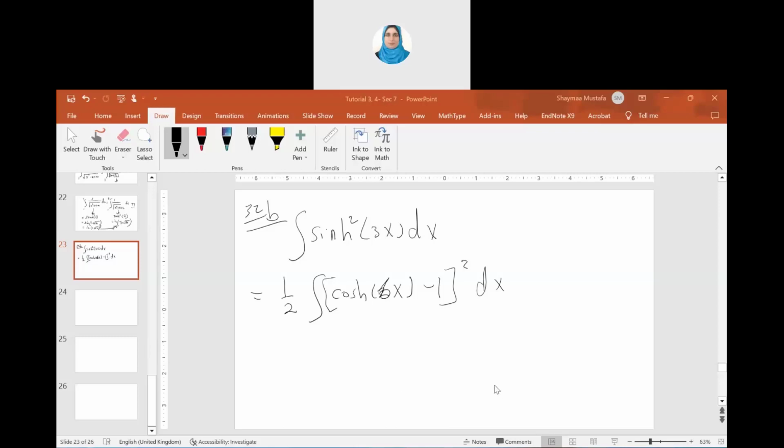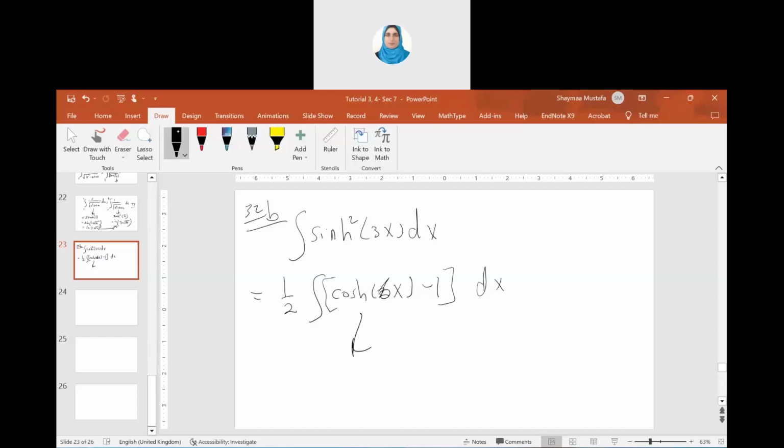Yes, this one has no square. So now you can complete the integral, no problem. This one just use the identities. So that is 32b.